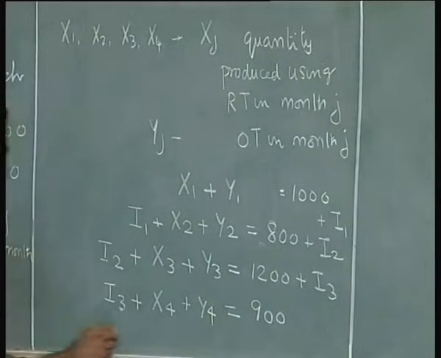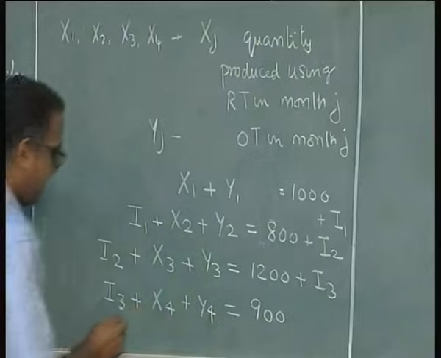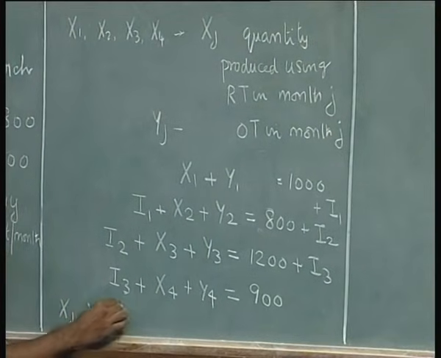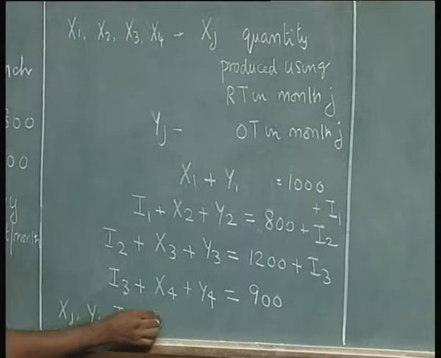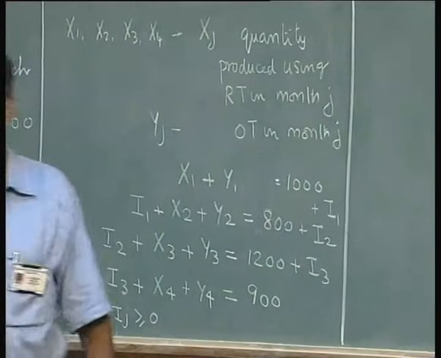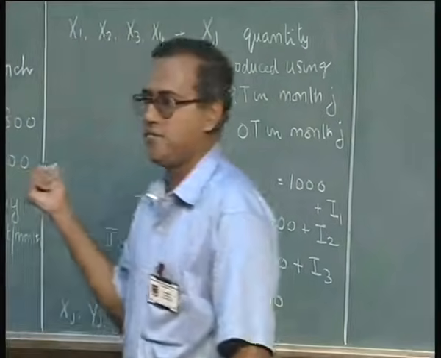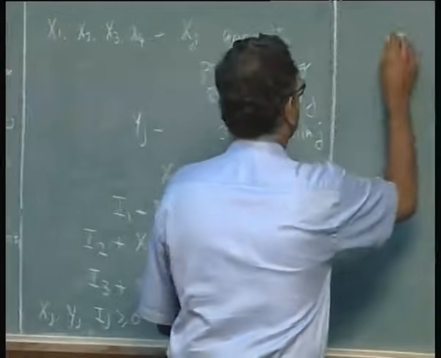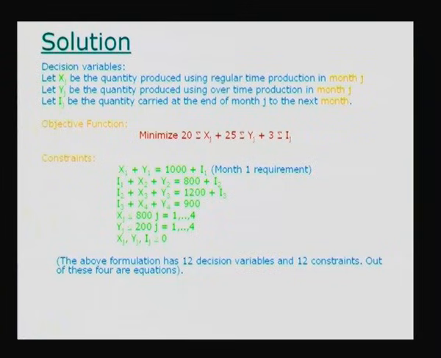Plus, we also have the condition that all xj, yj and Ij are greater than or equal to 0. We have not written the objective function as such. So, what is the objective function? It is the cost of regular time production, which is 20.